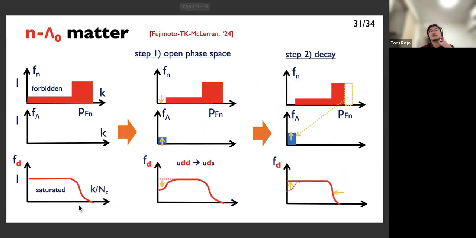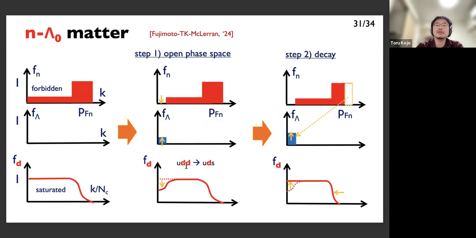So how can hyperons emerge in the system? There must be some extra process. In order to generate a hyperon at low momentum, the first thing we have to do is to open the phase space for d quarks. This is possible by replacing one neutron with one lambda zero.